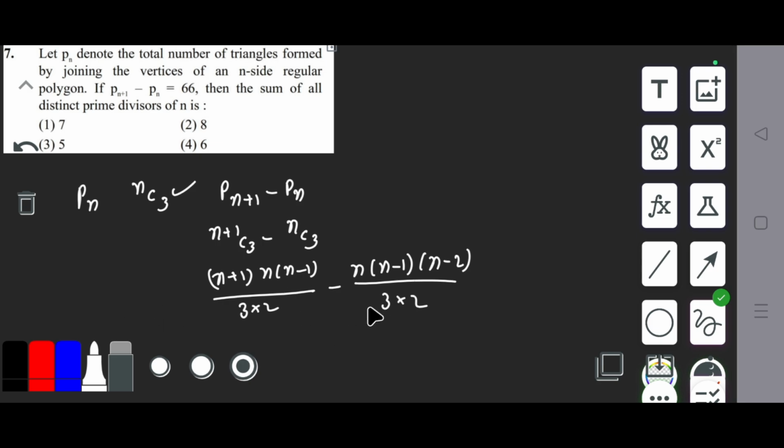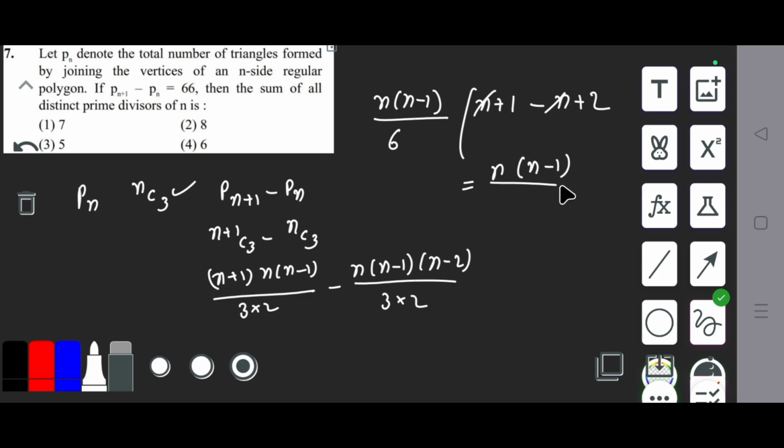Now take the common n into n minus 1 by 6. You will get n plus 1 minus n plus 2, and n will be cancelled. It is 3. So 3 2s are, so the formula is n into n minus 1 by 2. So n into n minus 1 by 2 is equal to 66.